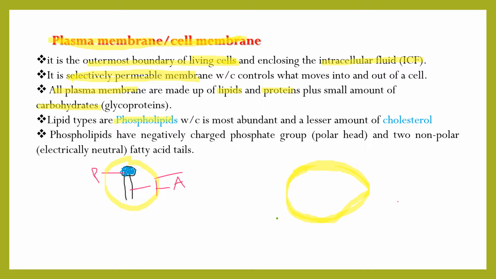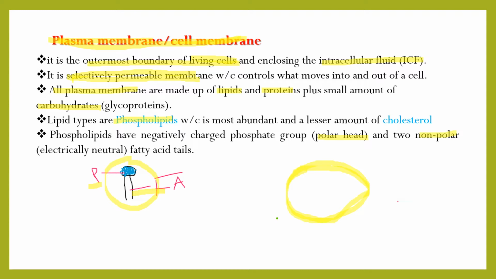For example, the head part is the phosphate part, which is polar in nature because it is negatively charged. The two tails are fatty acids, which are non-polar molecules. Electrically, they are neutral in nature.